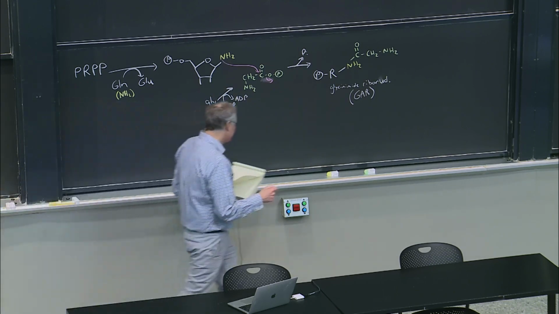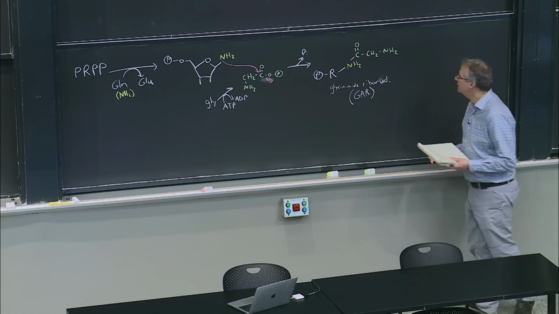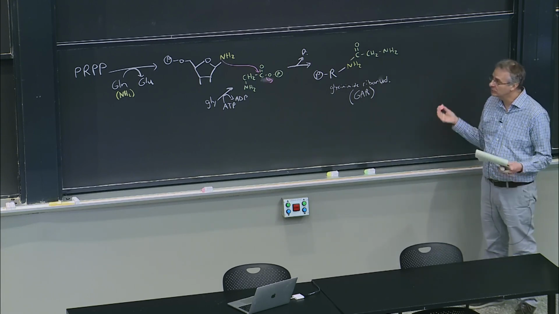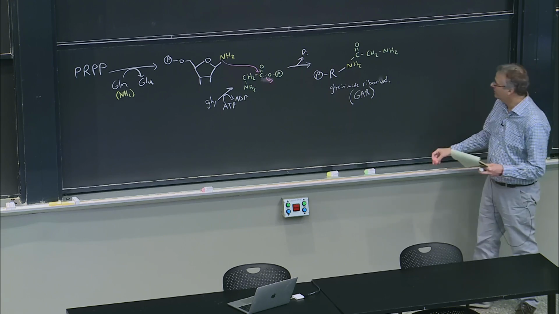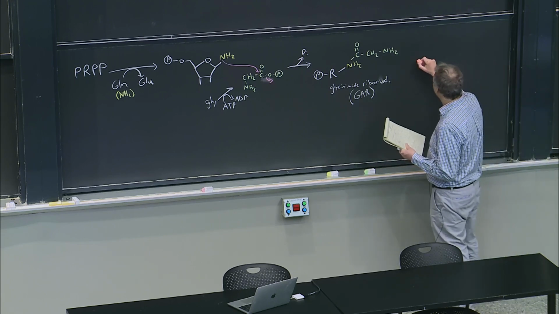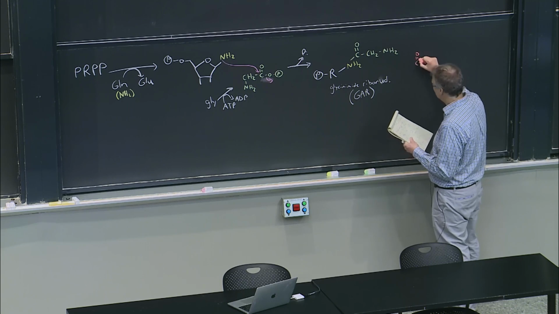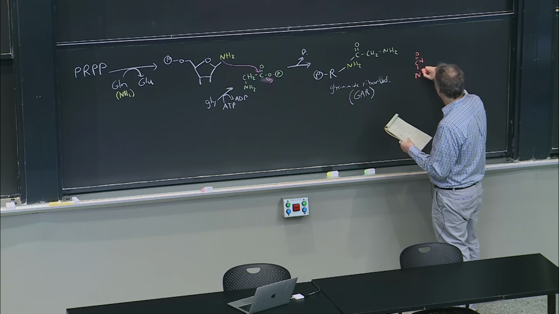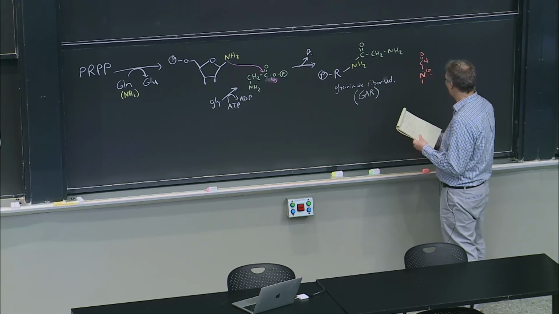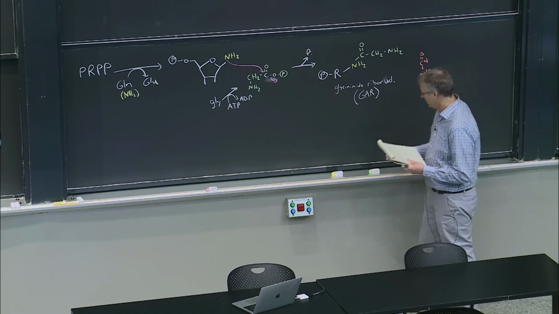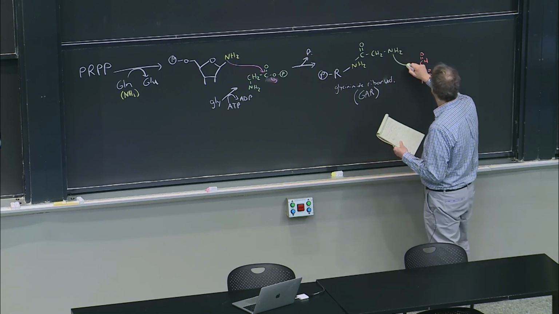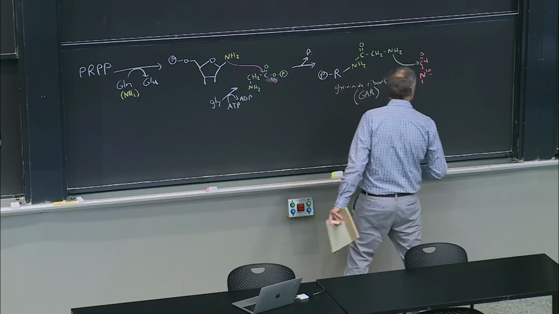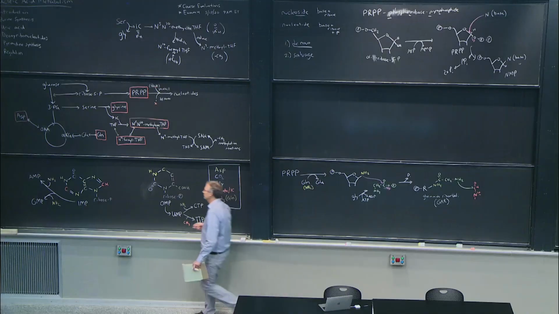All right, the next step is we're going to add a 1-carbon unit, a formate group. So remember, the formate carrier comes from N10 formyl THF, all right?